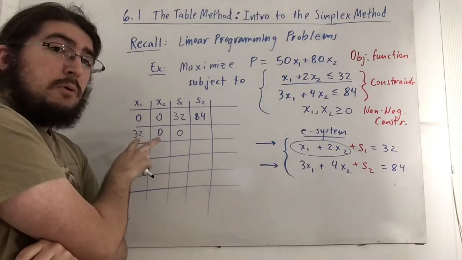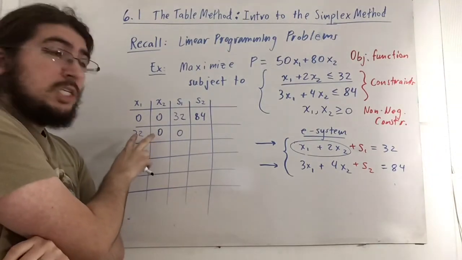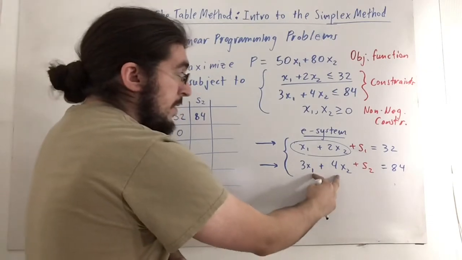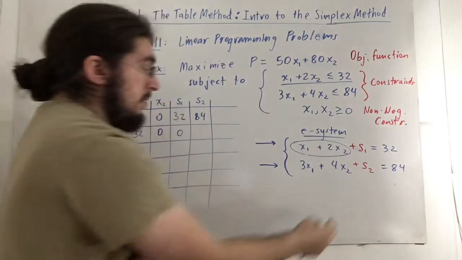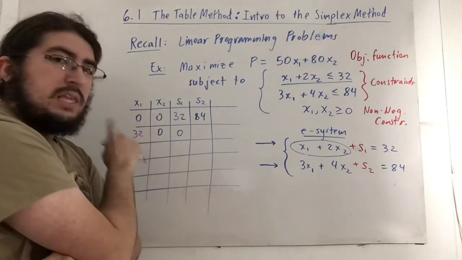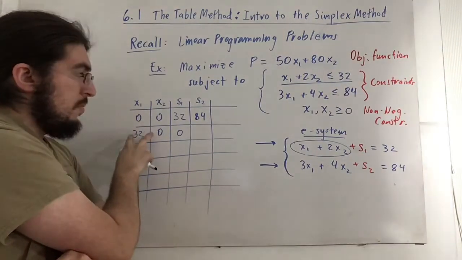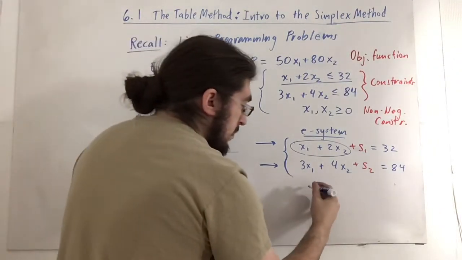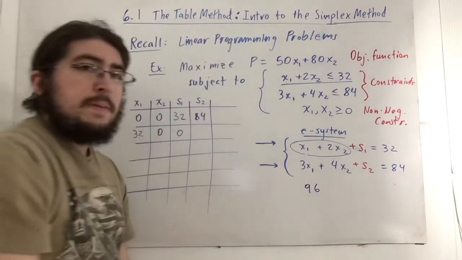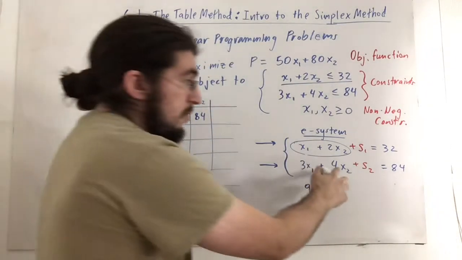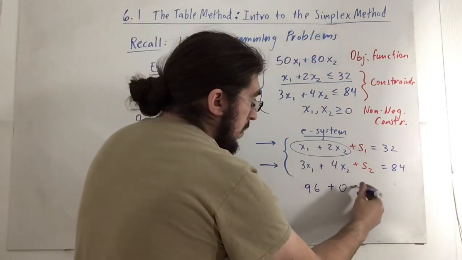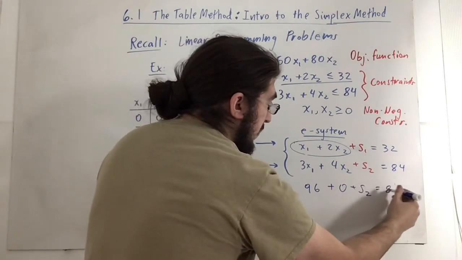Now, when you have these values for x1 and x2 and you plug them in here, what does s2 have to be? Well, think of it like this. If you plug these in, you get 3 times 32, which is 96, plus 0 times 4 for 4x2, that's 0, plus s2 is equal to 84.